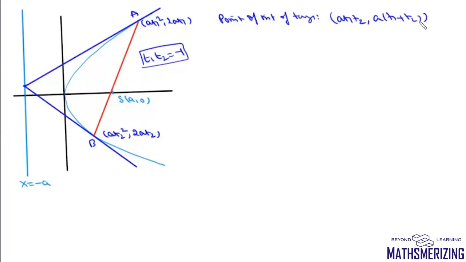So we can write t1 plus t2 as 2 cot alpha, and we also know that t1 into t2 is minus 1. So from here, if we write (t2 minus t1) whole square, it will be (t1 plus t2) whole square minus 4 t1 t2. So we can write this as 4 cot square alpha plus 4.